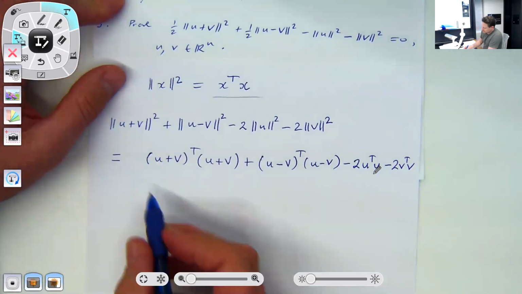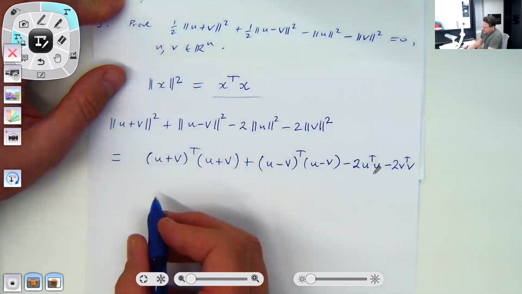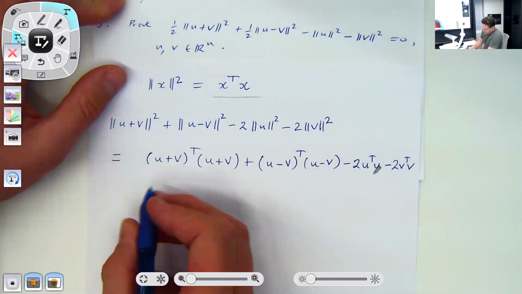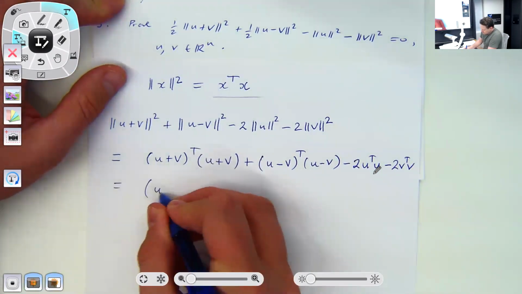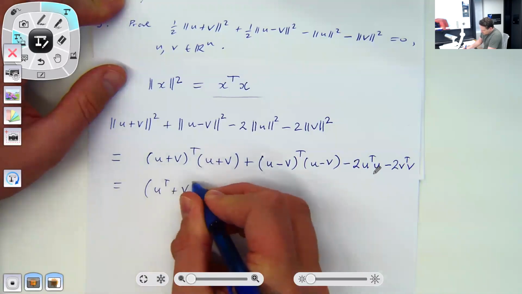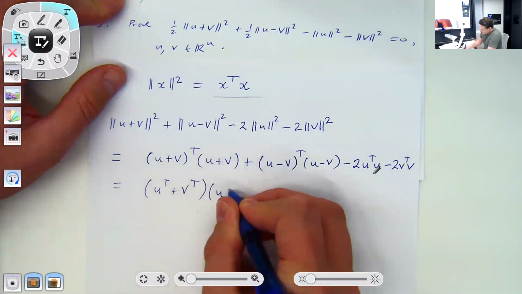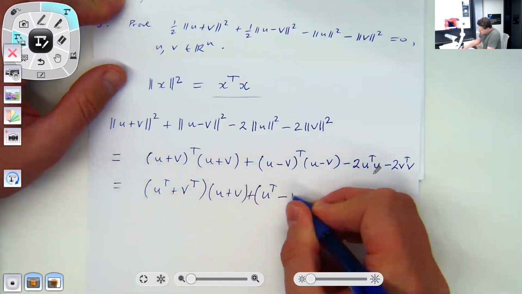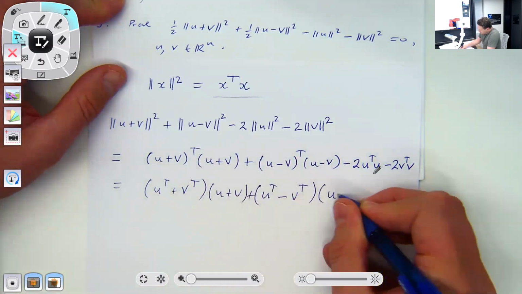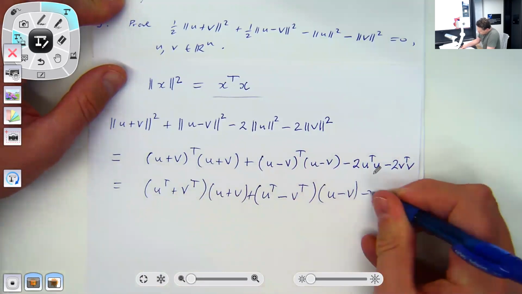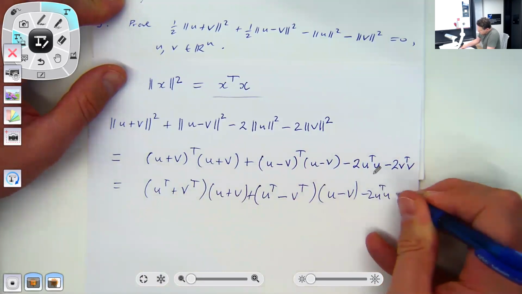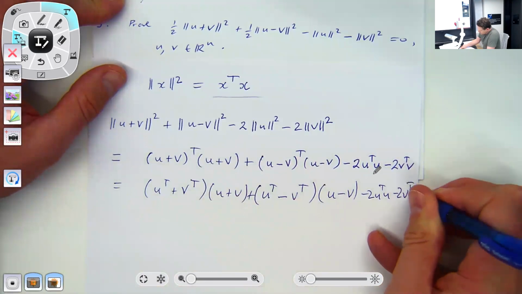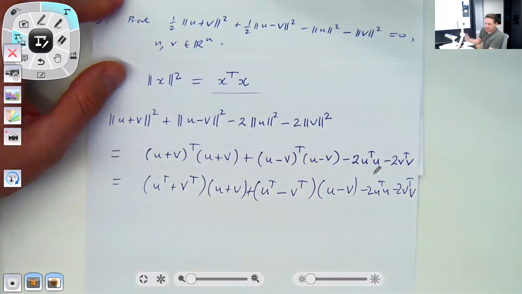So let's simplify this. Now we can bring the transpose inside. So that's next. Bring the transpose inside. Plus u transpose minus v transpose, times u minus v. Okay, great. Now we just expand.